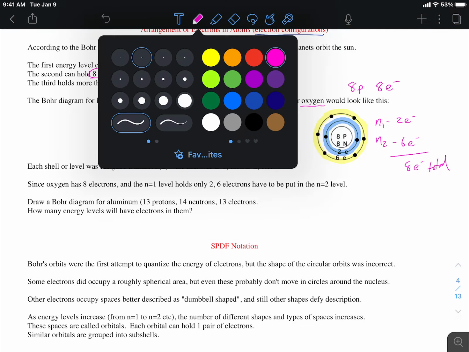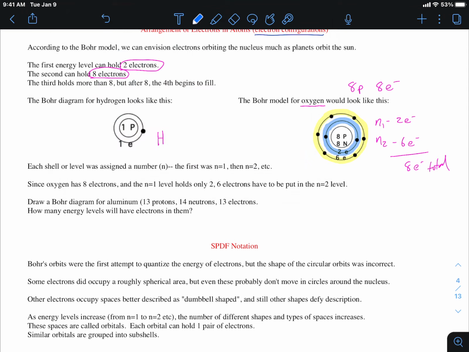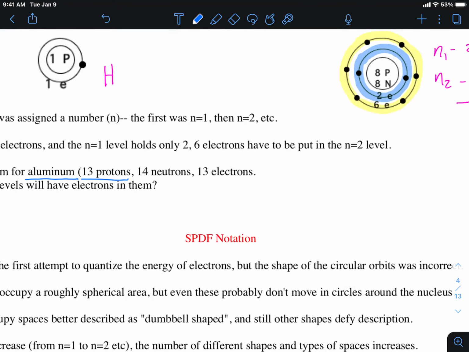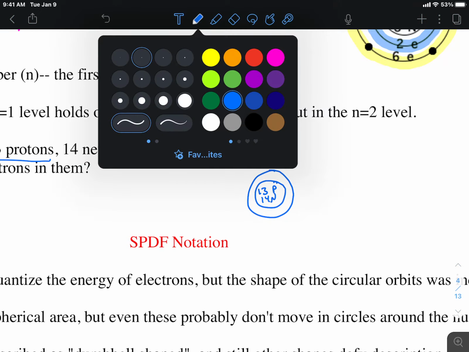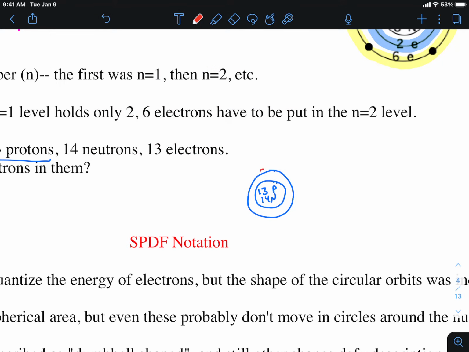So let's try applying this to another element like aluminum. Aluminum has 13 protons, 14 neutrons, 13 electrons. If I were to draw aluminum, in the nucleus, I'm going to zoom in here, 13 protons, 14 neutrons. In the first energy level, there can be 2 electrons.